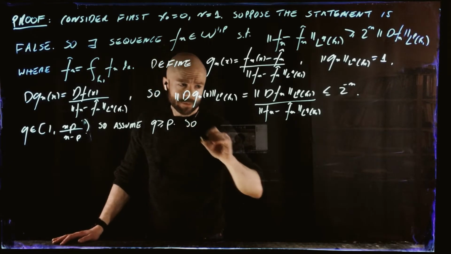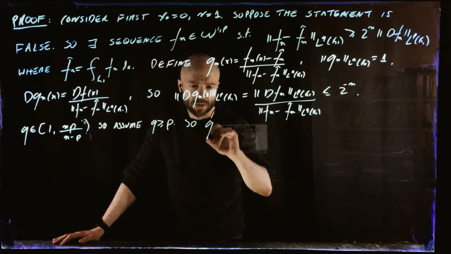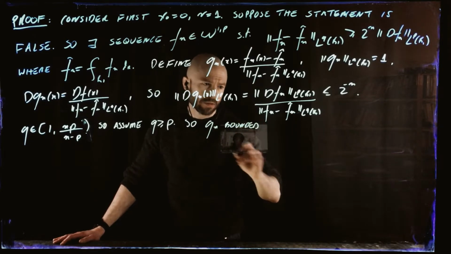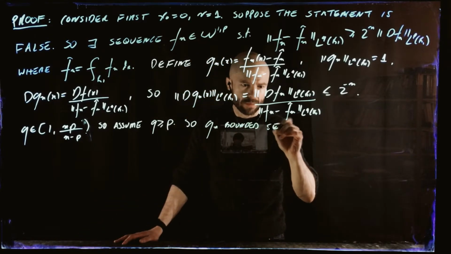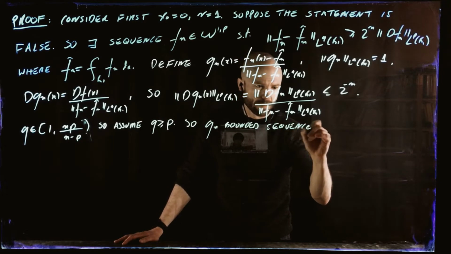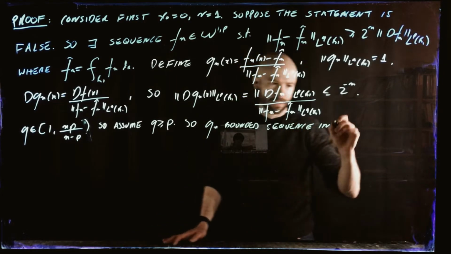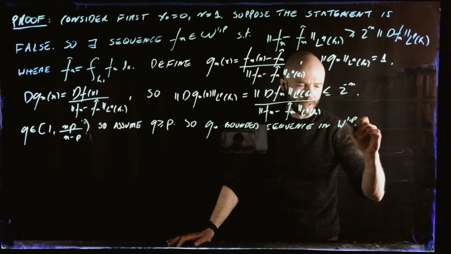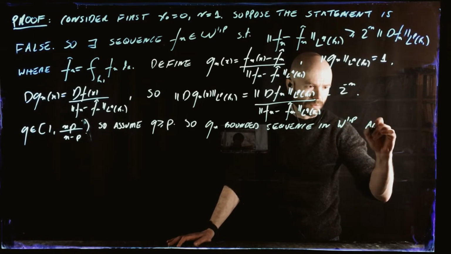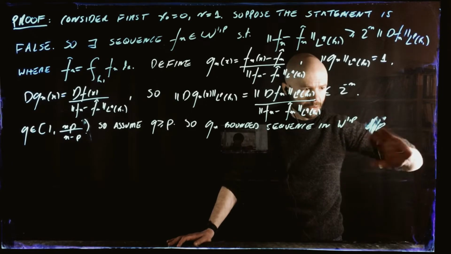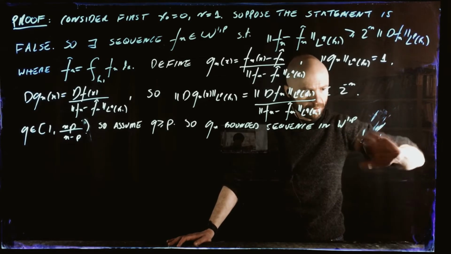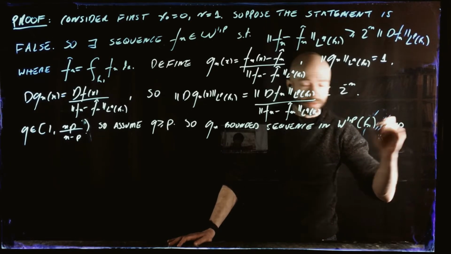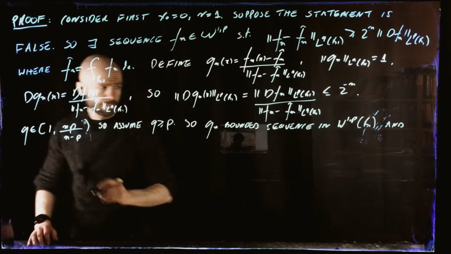So we have a bounded sequence in W^{1,p}, and let's put it on the ball just to be absolutely explicit. And so there's some subsequence that converges weakly.